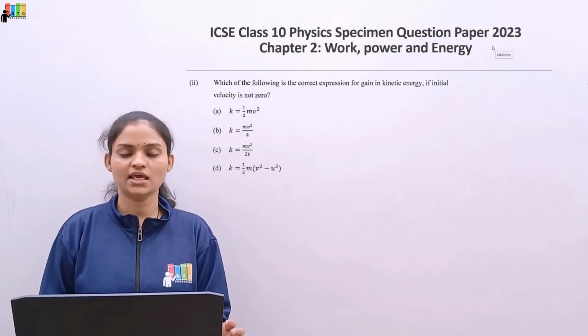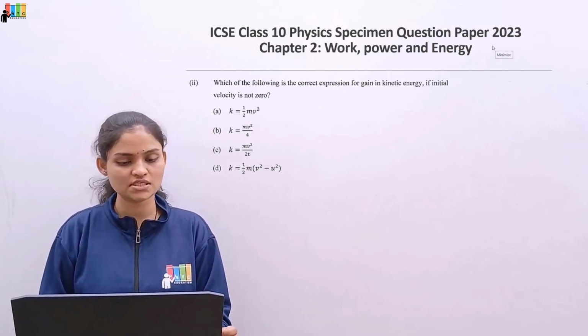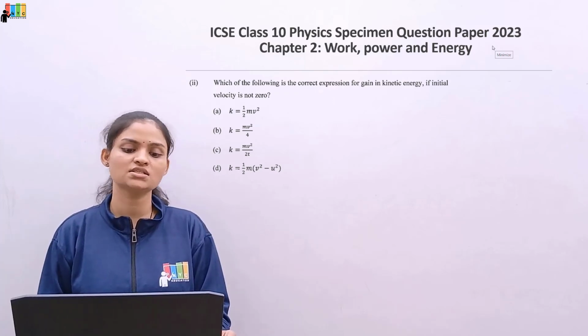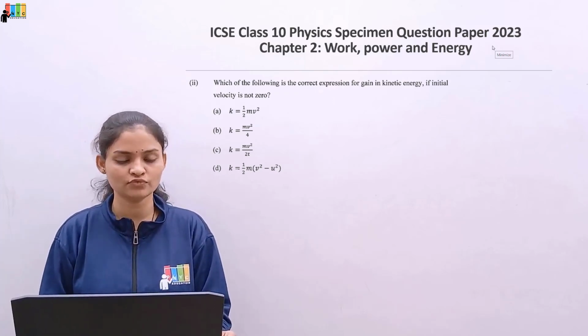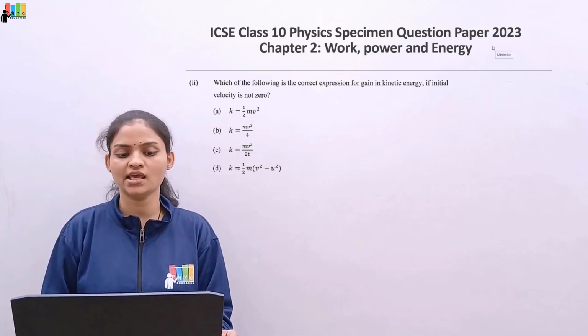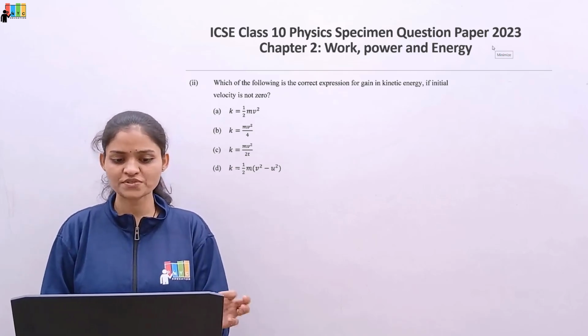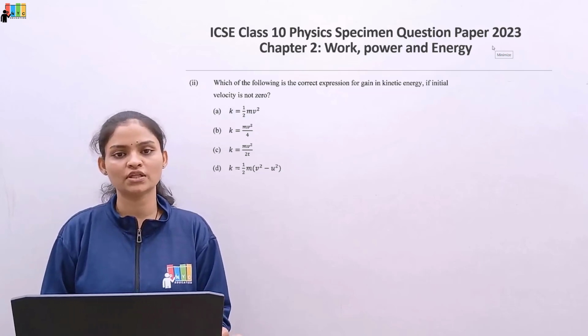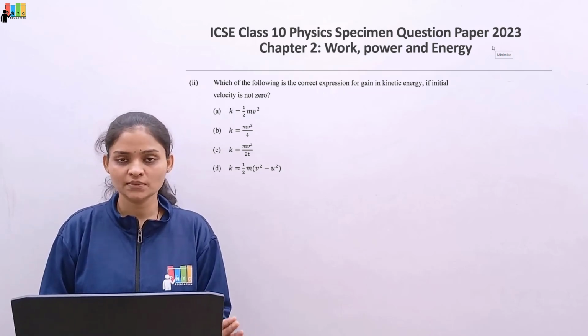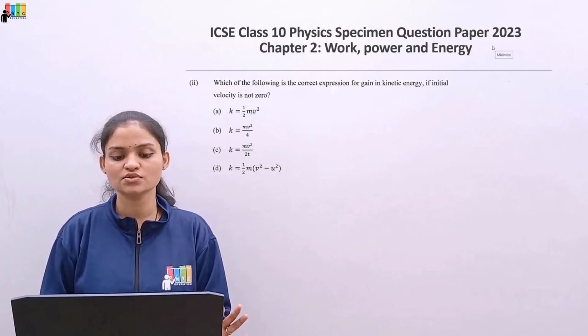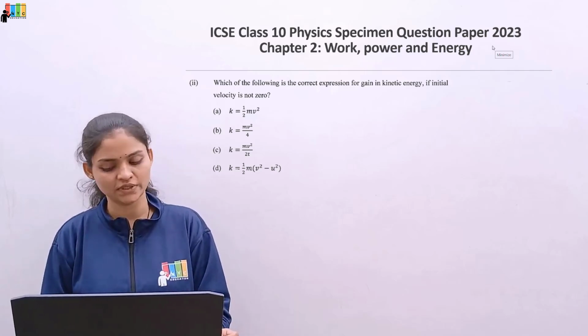Option A, K is equal to 1 by 2 mv square. Option B, K is equal to mv square upon 4. Option C, K is equal to mv square upon 2t. And option D, K is equal to 1 by 2 m in bracket v square minus u square bracket complete.